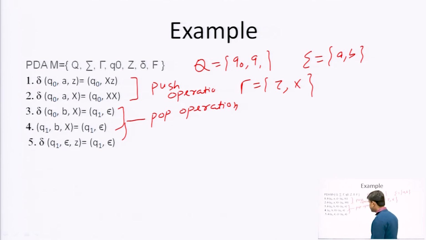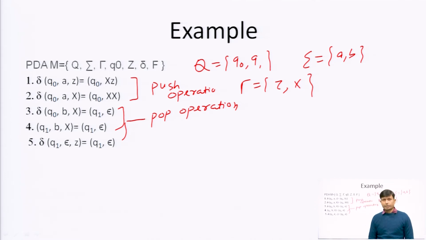So in the stack we have only Z and X. When we read A, we push X into the stack. When we read B, we pop X from the stack. So this is the push down automata given.